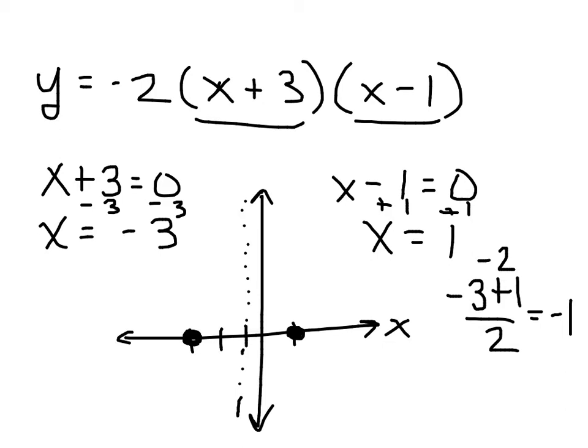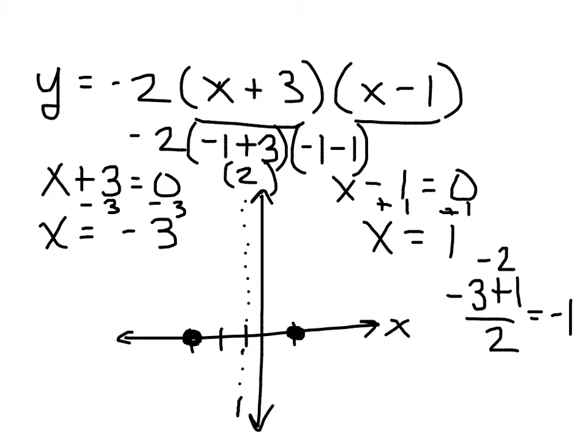Now, in order to get where the vertex lies, plug negative 1 into your original equation, and let's see what we get. So negative 2 times (negative 1 plus 3) times (negative 1 minus 1). Simplify inside first. What's negative 1 plus 3? 2. What's negative 1 minus 1?